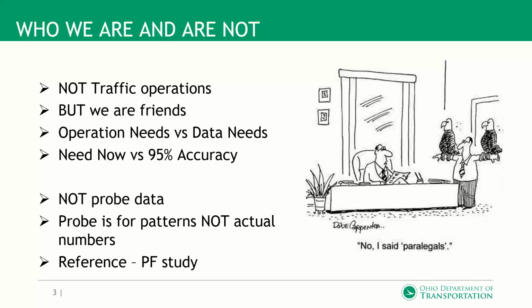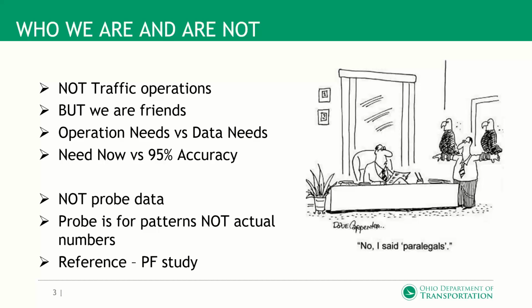From an operations standpoint, they need the information right away. You couldn't wait a day to send the signal to turn on a ramp meter or to adjust the timing on a signal. So their need is operational, and much more immediate, as opposed to the traffic monitoring side of the traffic industry.